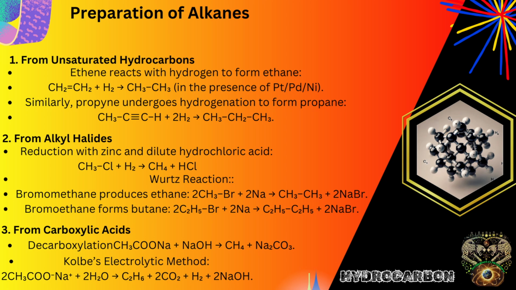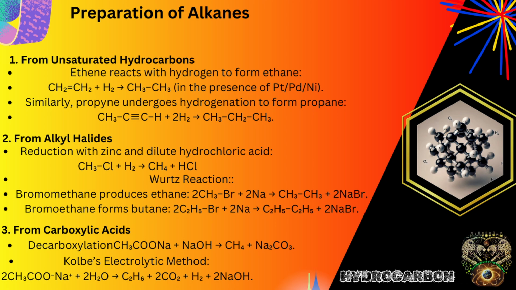Alkanes can also be prepared from carboxylic acids using 2 methods. Number 1 is decarboxylation. Sodium salt of a carboxylic acid, when heated with soda lime, gives alkanes with one less carbon atom. For example, CH3COONa + NaOH gives CH4 + Na2CO3. Number 2 is Kolbe's electrolytic method.